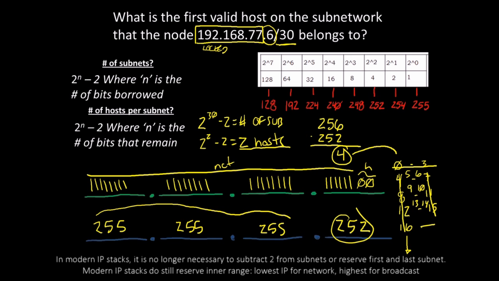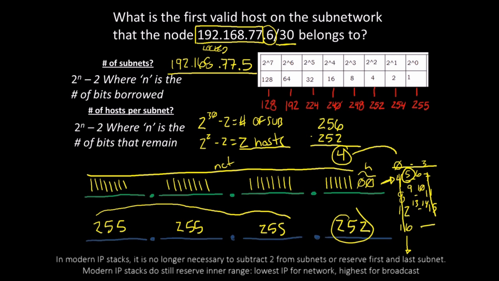So we're going to have to come over here and see, where is 6 on our range chart. And we notice that 6 is right here in this range. And it wants to know, what is the first valid host on that subnetwork? And the first valid host that I can see on this subnetwork is, of course, 5. So the answer to this question is 192.168.77.5, our first valid host on that subnetwork.